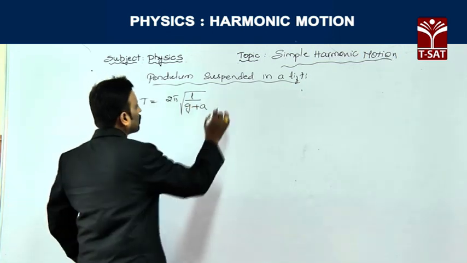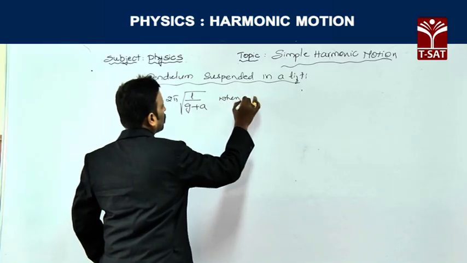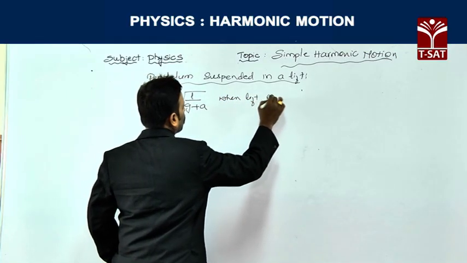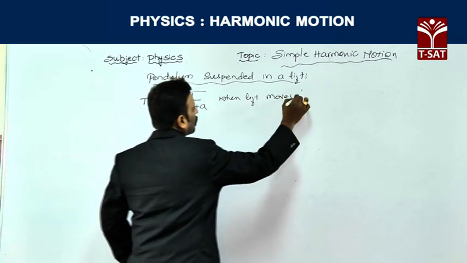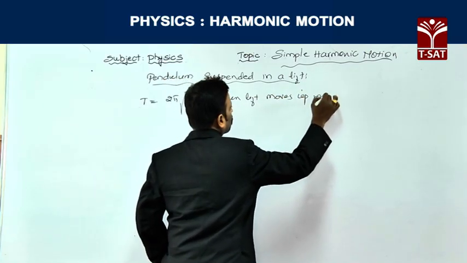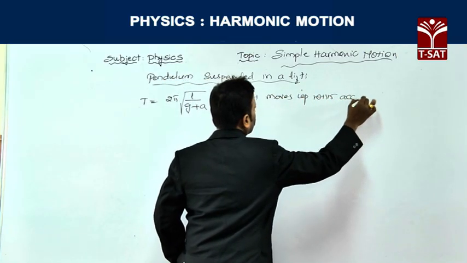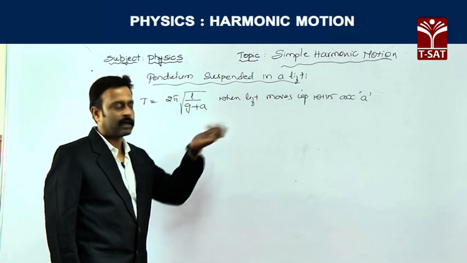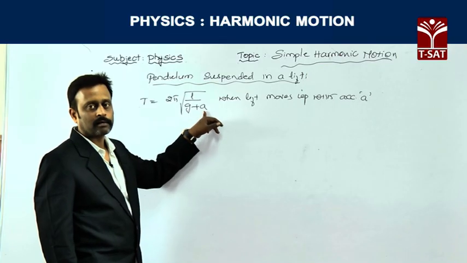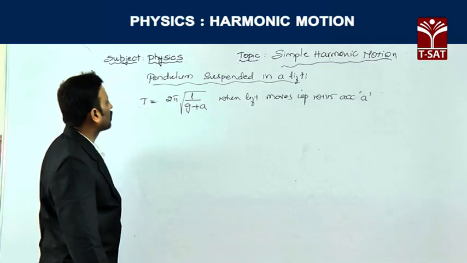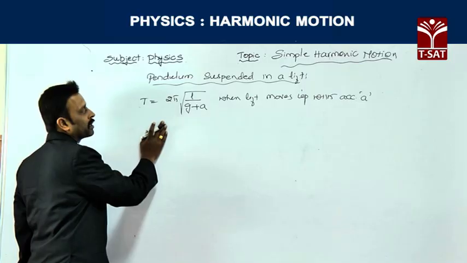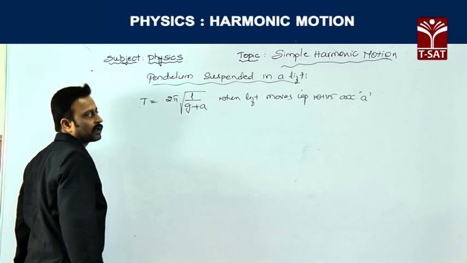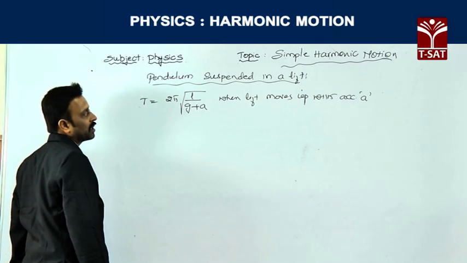This is the condition when the lift moves upwards with acceleration a. When the lift is moving in upward direction with acceleration a, this is the formula to calculate time period. T is equal to 2 pi under root L by g plus a.